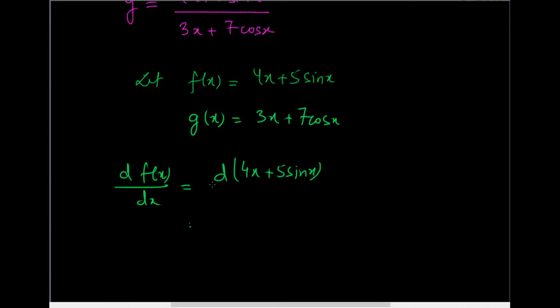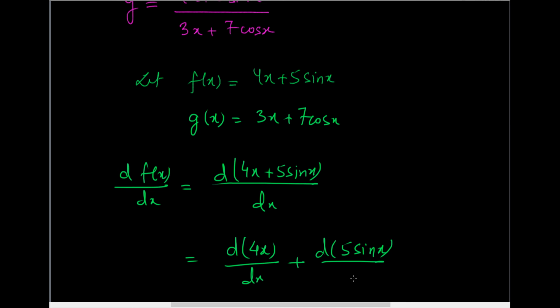Here 4x is added to 5 sin x, so these are different functions, and we can simply differentiate them separately and add. So this is the derivative of the first function, 4x, with respect to x, plus the derivative of 5 times sin x with respect to x.